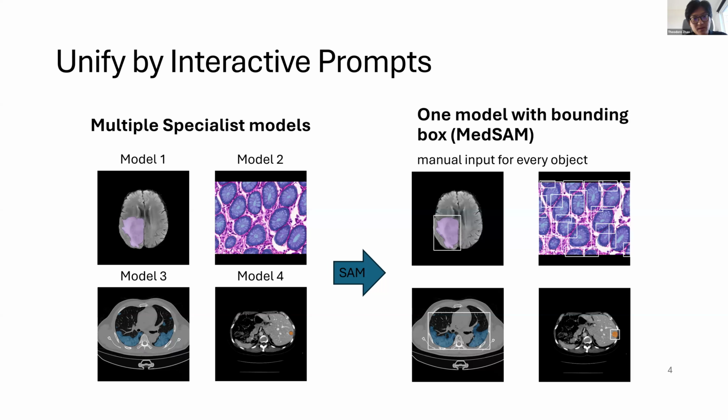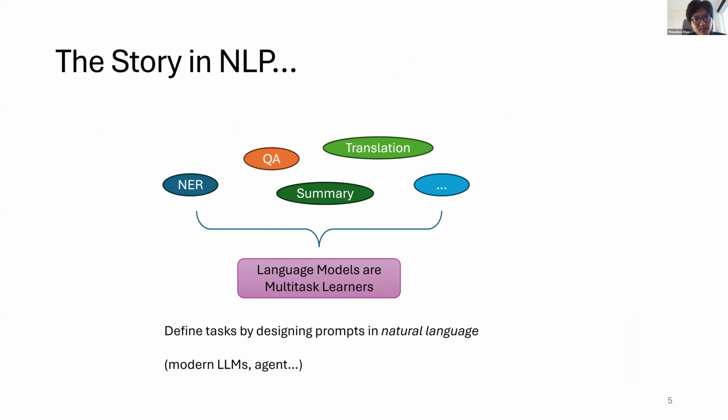With it, the user can provide a manual input for every object, and the model can produce all the different segmentation masks in this interactive prompting manner. We can achieve goals traditionally handled by many different specific models, but now with a single foundation model.